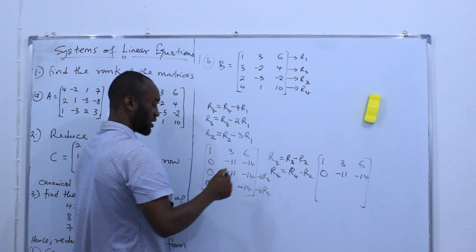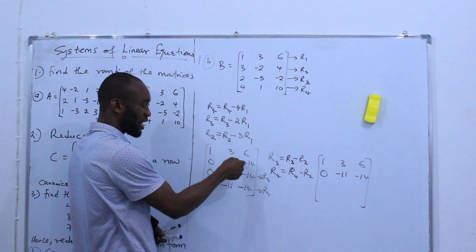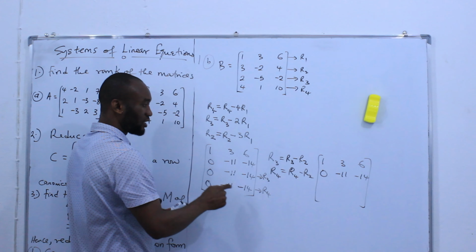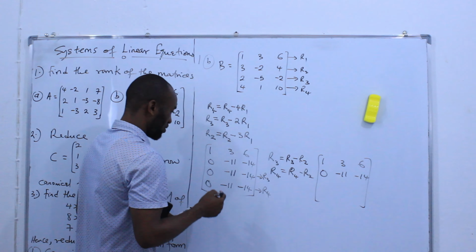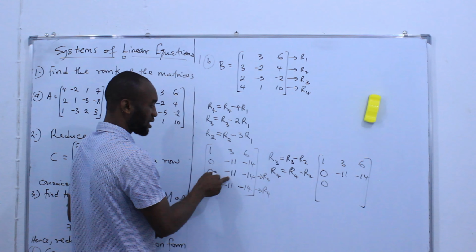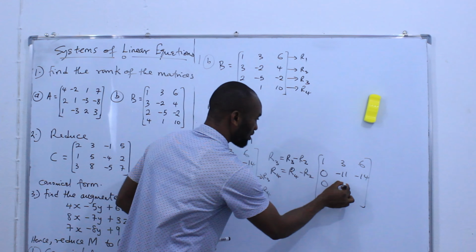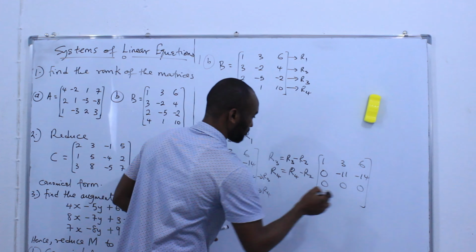R2 is constant, so we write it out. Then we are now using R2 to subtract from R3 to obtain a new row here. So this will give us 0 minus 0 is 0. Minus 11 minus minus 11 is 0. Minus 14 minus minus 14 is 0.